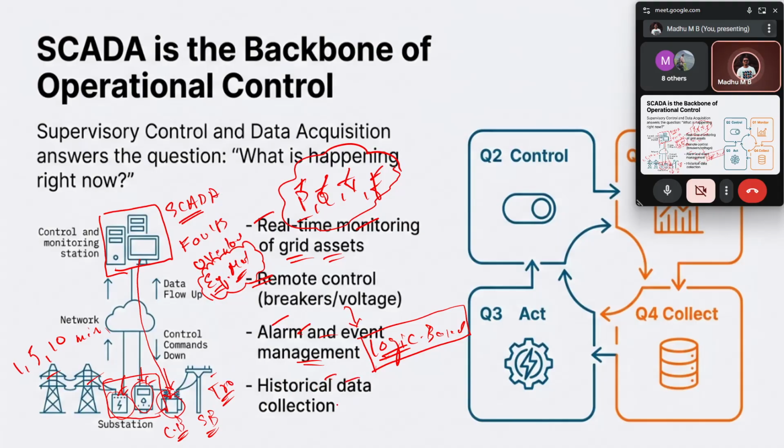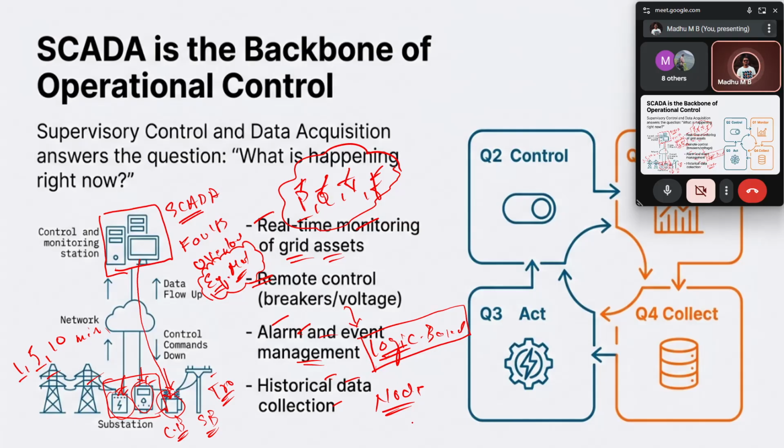We spoke about data acquisition, right? Every minute or every 5 minutes, at a regular interval of time, we are collecting the data from all the nodes. Everything is called a node here. Node means the specific device, right?